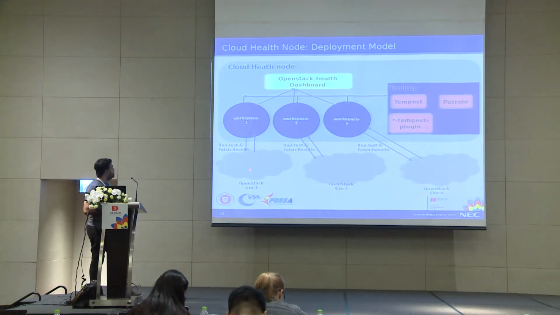Workspace 1 will run the tests against OpenStack site 1 and fetch the result. Workspace 2 will test OpenStack site 2 and fetch the result. So we have three Tempest runs testing different sites, and they have the results.